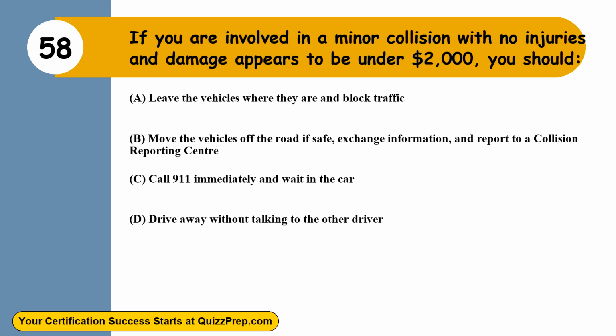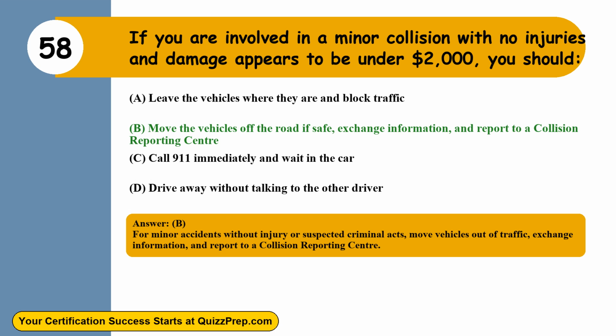Option D. Drive away without talking to the other driver. The correct answer is option B. Move the vehicles off the road if safe, exchange information, and report to a collision reporting center. For minor accidents without injury or suspected criminal acts, move vehicles out of traffic, exchange information, and report to a collision reporting center.